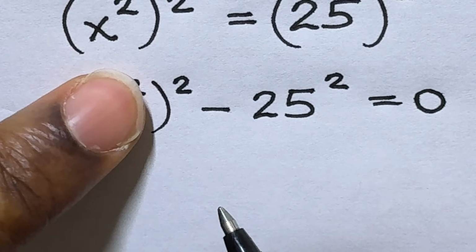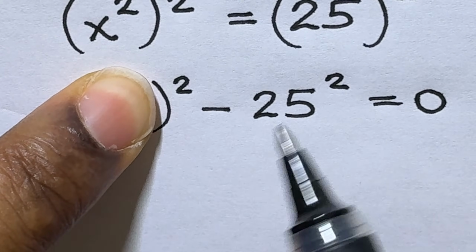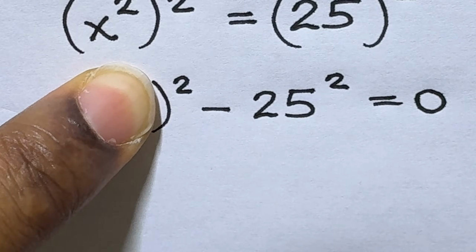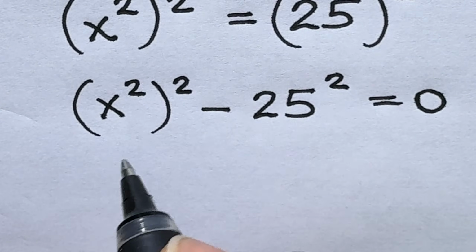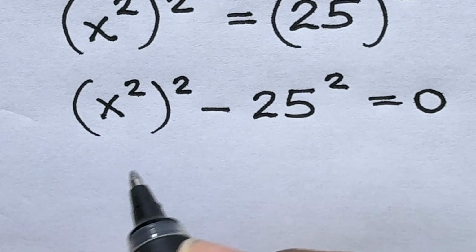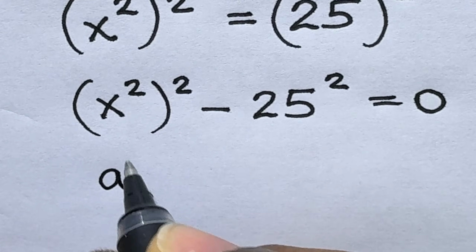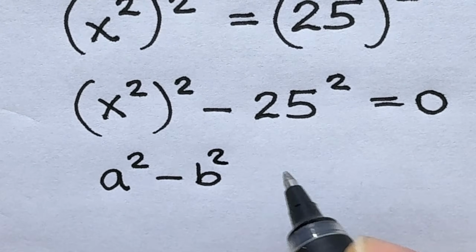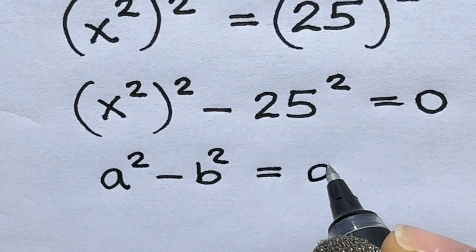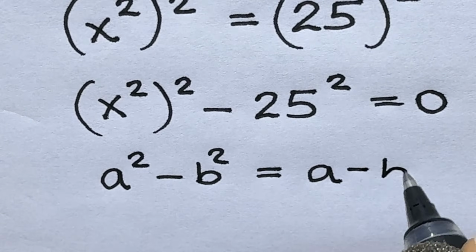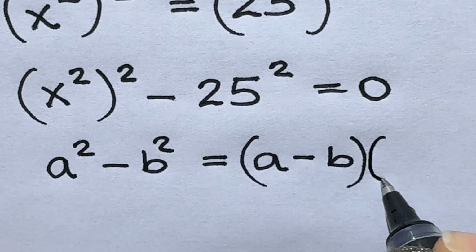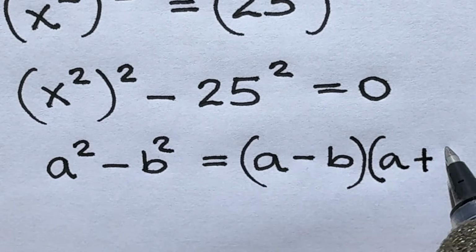If we see x squared as a single variable, we are going to be saying difference of two squares with this expression. And to factorize difference of two squares, given a raised to power 2 minus b raised to power 2, this will give us a minus b times a plus b.